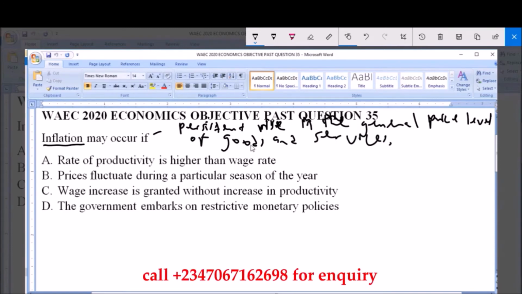Now let's look at what may lead to inflation among what is given to us. Now option A says rate of productivity is higher than wage rate. Now rate of productivity being higher than wage rate cannot lead to inflation, because the productivity is more than the amount of money that can be put into circulation from the wages of the citizens. So this is not the answer to the question.